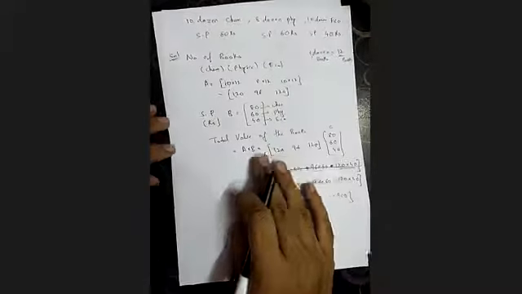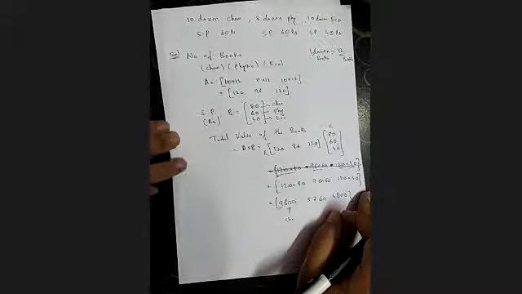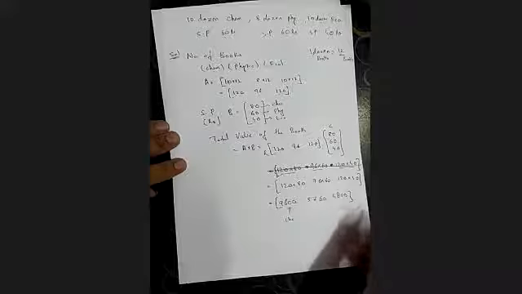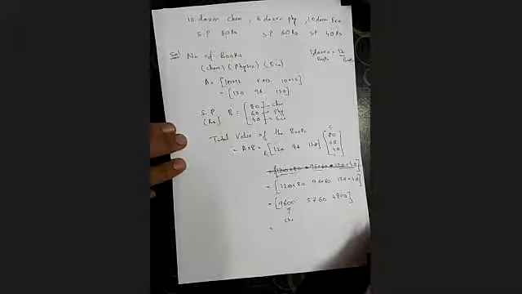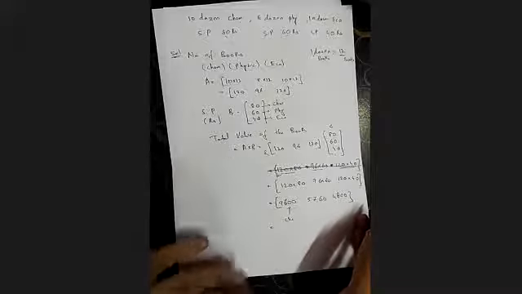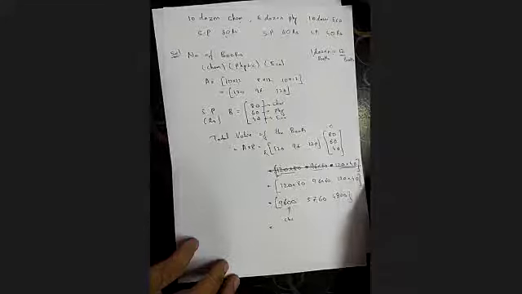Now, what will be the total value? If you add them, you'll get the total value: 9,600 plus 5,760 plus 4,800.